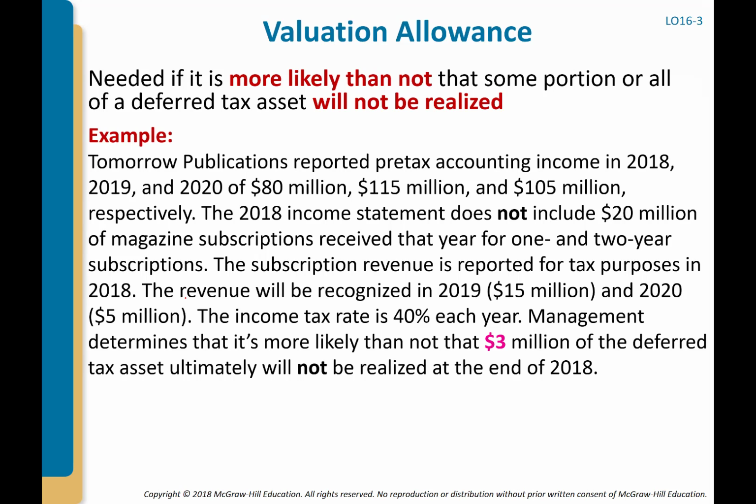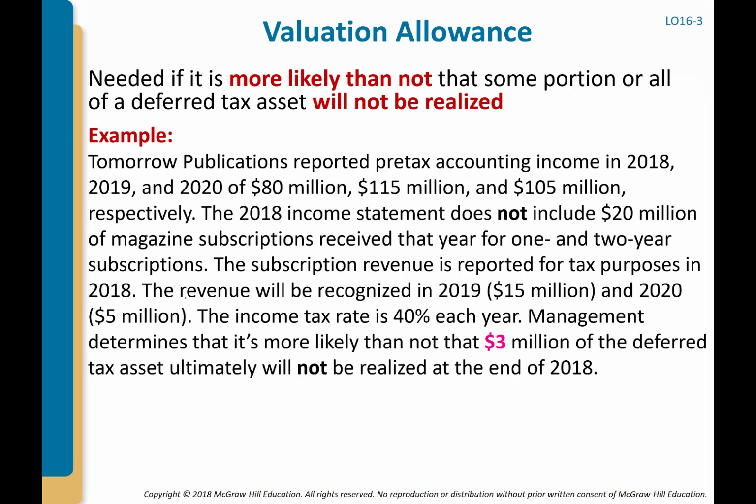Okay, so we come over and we don't know for sure that we're going to be able to take advantage of that asset. And so what they require management to do is do an evaluation to see if it is more likely than not that they will not realize it. Say management determines that it is more likely than not that $3 million of the deferred tax asset will not be realized.